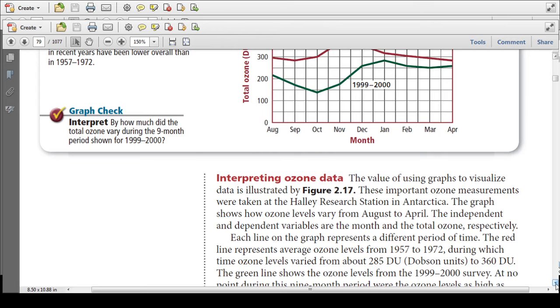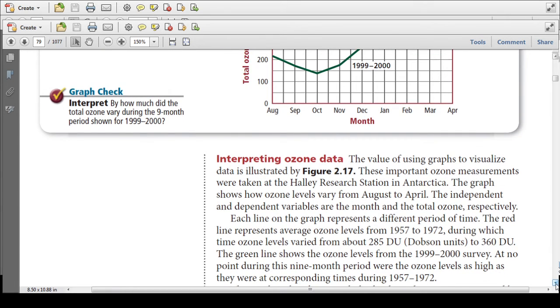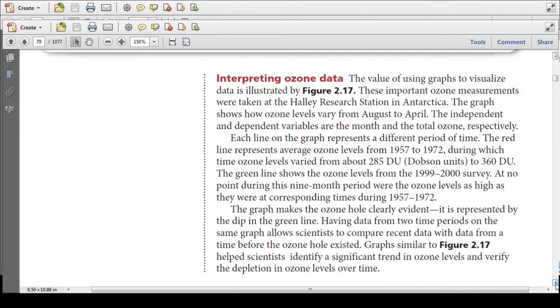The graph shows how ozone levels vary from August to April. The independent variable and dependent variable are the month and the total ozone respectively. Each line on the graph represents a different period of time.